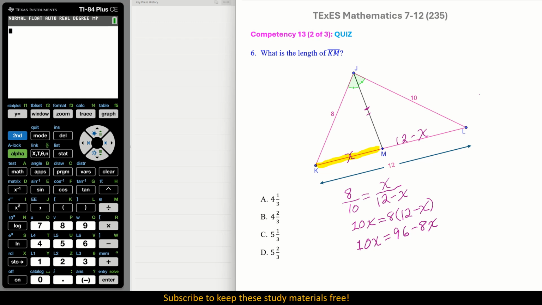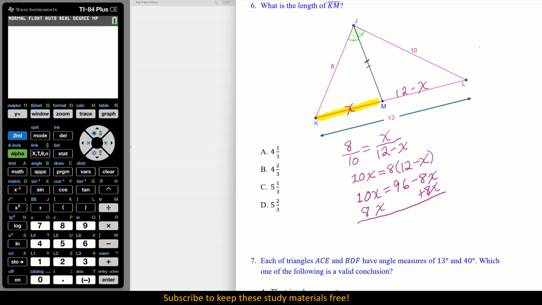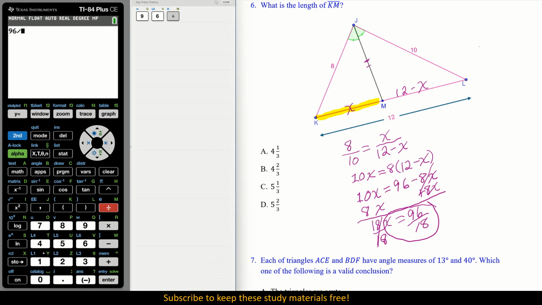Now we need to add that 8x to both sides. That's going to give us 18x equals 96, divided by 18 on both sides. And this is what we need to put into the calculator. So 96 divided by 18 and enter, and that gives us 5.333.